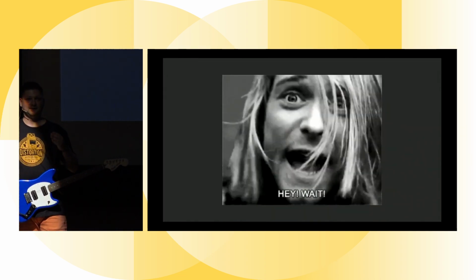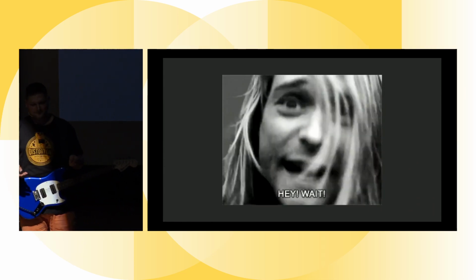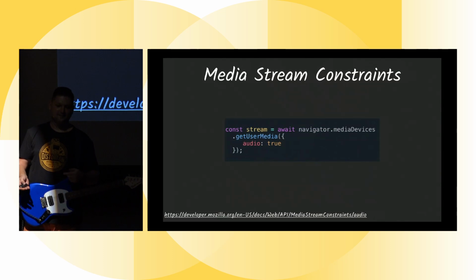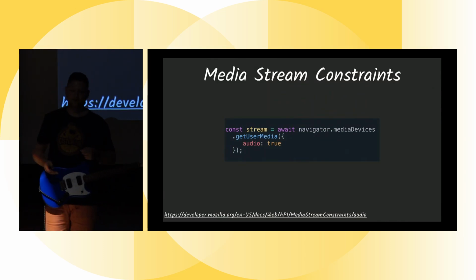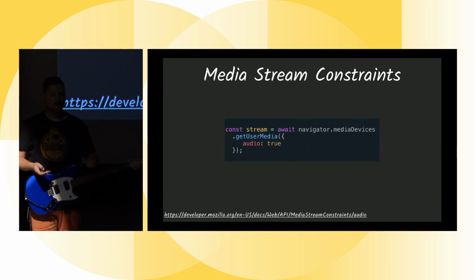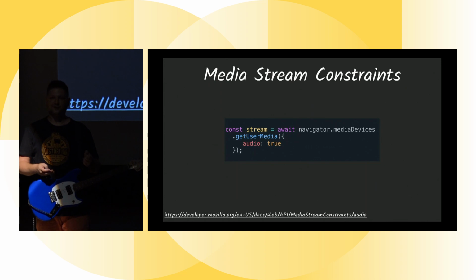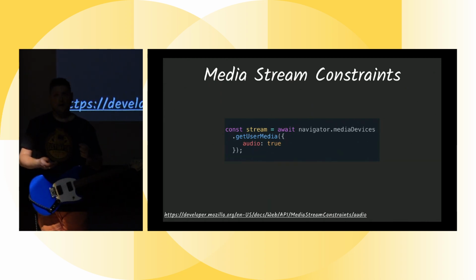That's fine, but hey, wait, I've got some audio constraints for you. What do I mean by that? It's completely fine to request audio using just getUserMedia audio: true, but by default, most browsers apply some post-processing to the input stream.